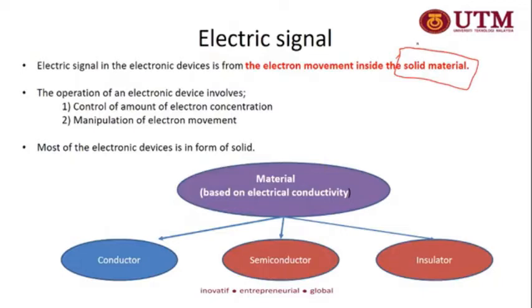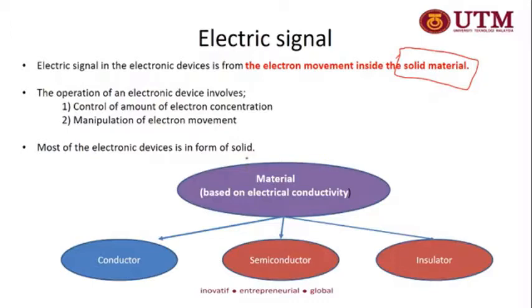You know the material can be divided into solid phase, gas phase, and liquid phase. But now most of the electronic devices are made from solid material. So in the electronic device, the operation involves the control of the amount of electron concentration inside the material or the manipulation of electron movement inside the material.